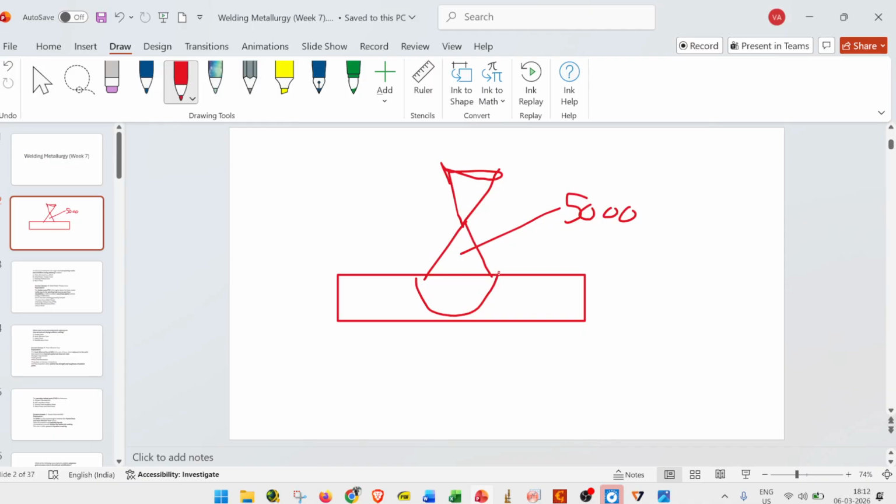So for the microstructure, once we look at the weld bead, we have a molten pool here.